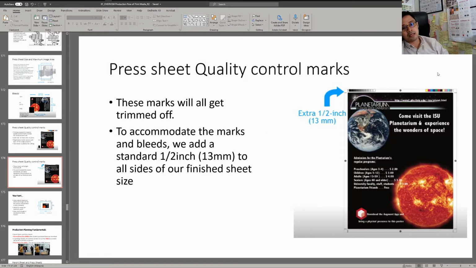Okay, in the books that I study and in the printed sheet that I have with me, so what I can say that it allocate, dia meletakkan setengah inci pada all around this layout or all around this image. Kenapa? Untuk meletakkan marks yang saya sebutkan tadi, tanda-tanda yang disebutkan tadi, walaupun tanda itu akan dipotong keluar.